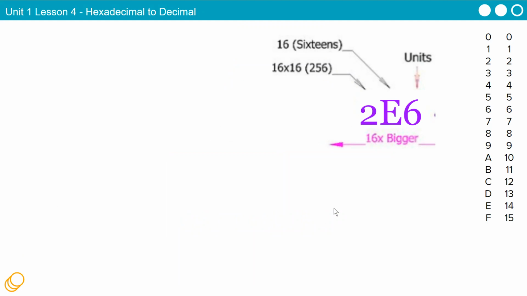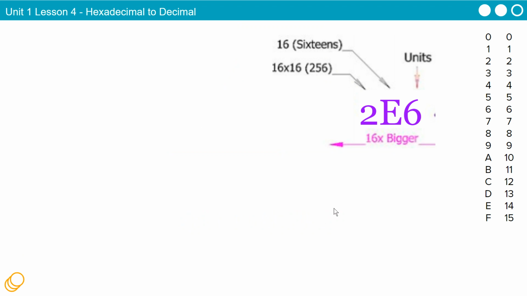The next conversion, so open up your notes if you were typing them in, or if you were writing it on paper, get your notes out. The next conversion is going from hexadecimal to decimal. I have really stressed to you the way that our decimal system is set up. When I want to add a new digit, I multiply by 10 because we have 10 possible symbols.